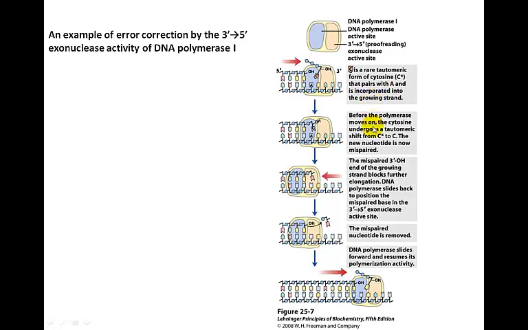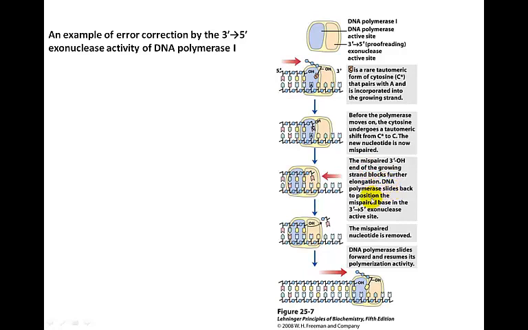Before the polymerase moves on, the cytosine undergoes a tautomeric shift back to the regular C, and the new nucleotide is now base paired with the A, and this doesn't fit into the active site correctly. The mispaired OH of the growing strand blocks further elongation.